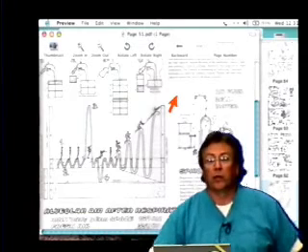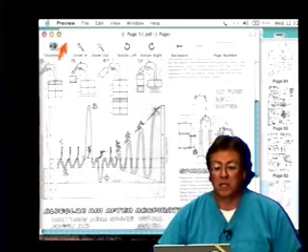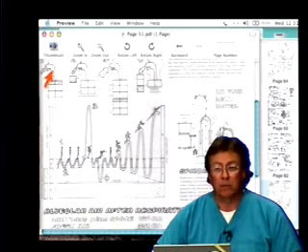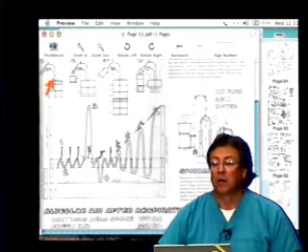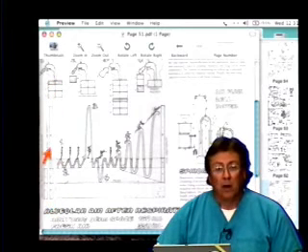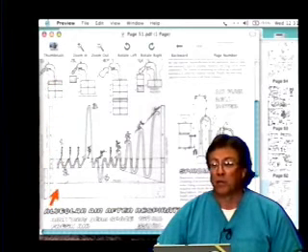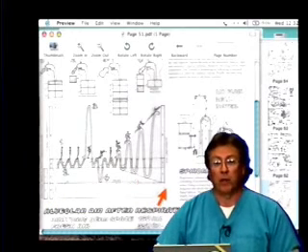So let's start here with normal inspiration. So this is the resting situation, non-exercised. There is a period of inspiration followed by a period of expiration. This is a graph representing those volumes that are exchanged during inspiration and expiration.